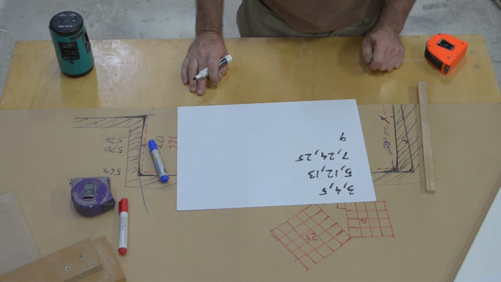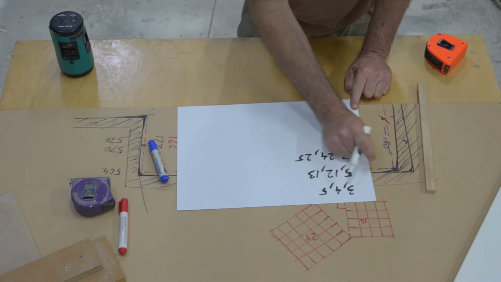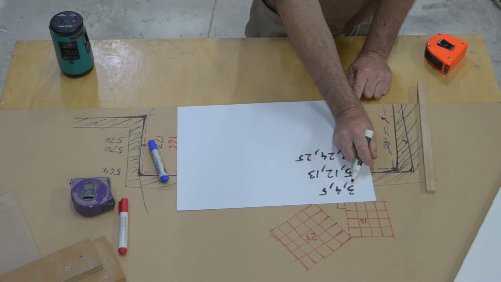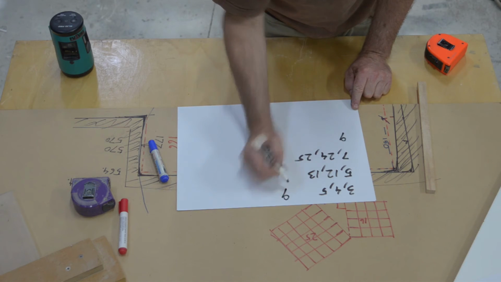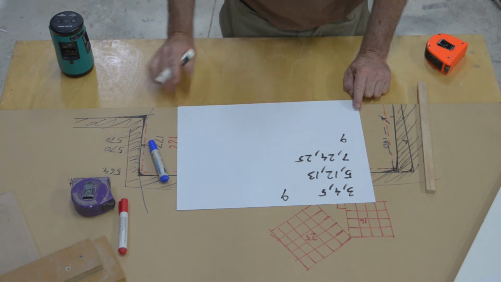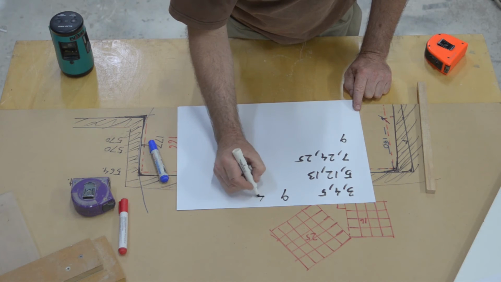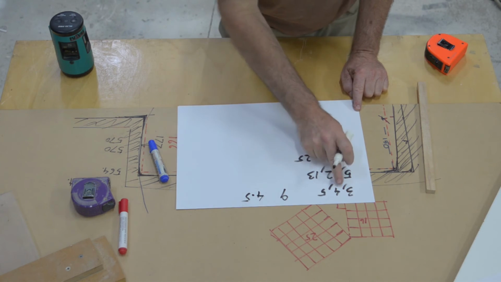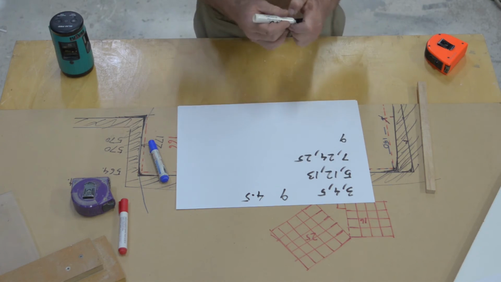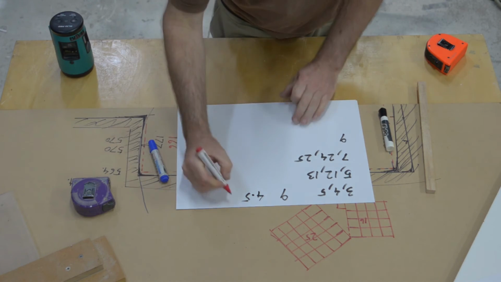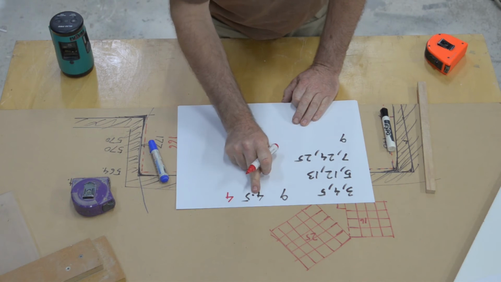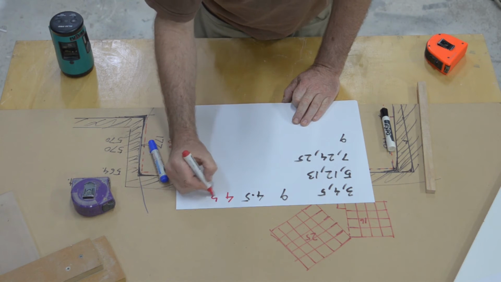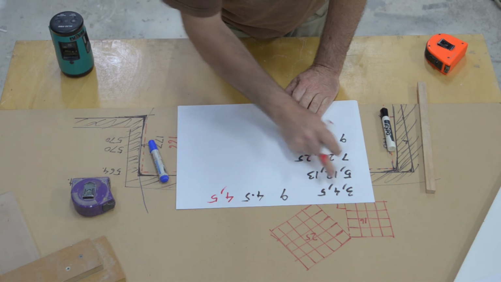Okay, now the rule is 3 by 3 is 9. Divided by 2 is 4.5, right? The two numbers you have here are the 4, which is smaller than 4.5, and the 5, which is larger than 4.5.